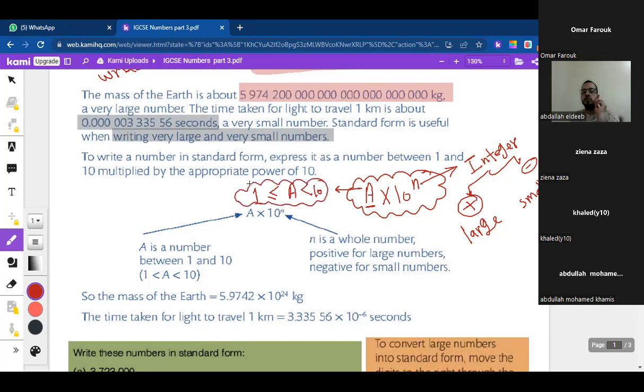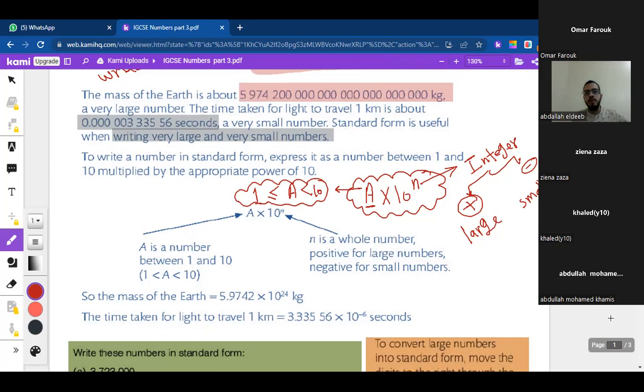So you have to choose a number between 1 and 10, like 1, 2, 3, 4, 5, 6, 1.1, 3.6, whatever.